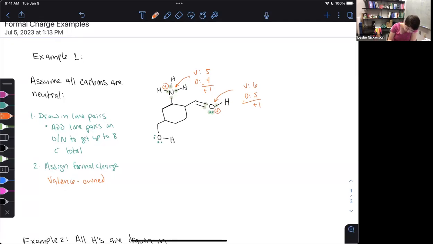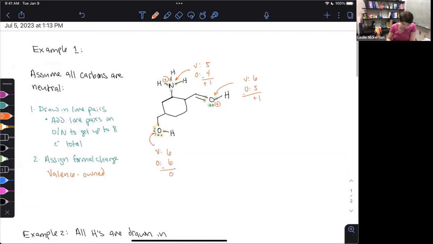We go down and look at this oxygen at the bottom here. Again, the valence is going to be 6. For the owned, we've got 1, 2, 3, 4, 5, 6. So 2 bonds, 4 lone pair electrons. So that's going to have a charge of 0. So that oxygen is neutral. We don't have to put any charge on that one.